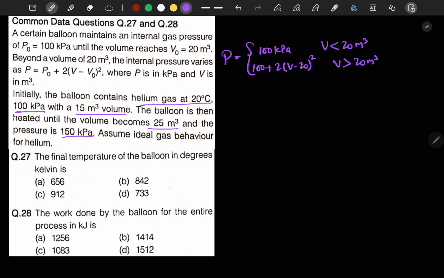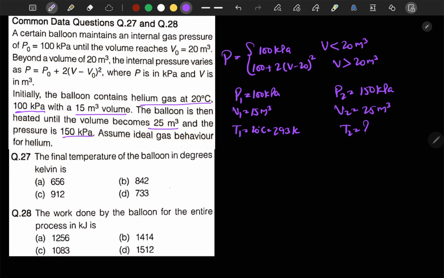It is provided that P1 is equal to 100 kilopascal, V1 is equal to 15 meter cube, T1 is equal to 20 degrees Celsius, that is 293 Kelvin. Similarly, it is provided that P2 is equal to 150 kilopascal, V2 is equal to 25 meter cube, and it is asked what is the temperature T2.